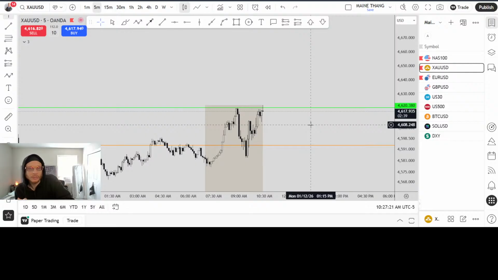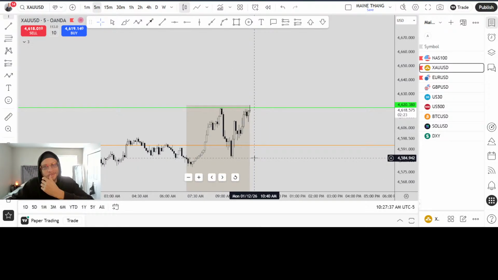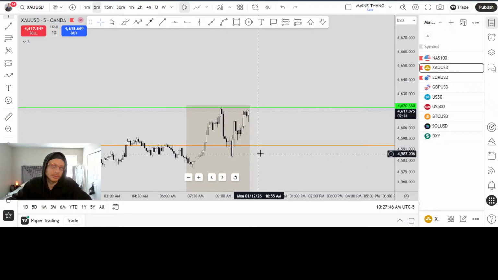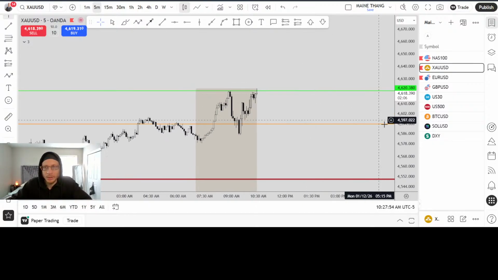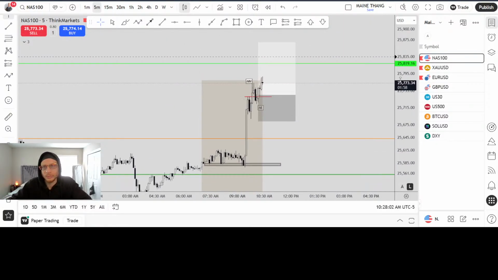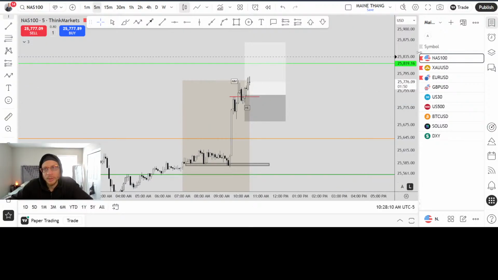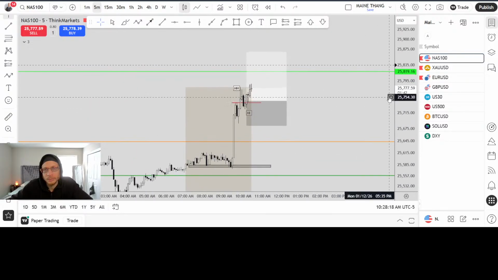Just wicks it. 10:27. At this point, I'm not even looking for a trade, y'all. I'm just looking to see what it does. What price actually does on NQ, because I do want to see it break these equal highs over here. This is hypothetical.